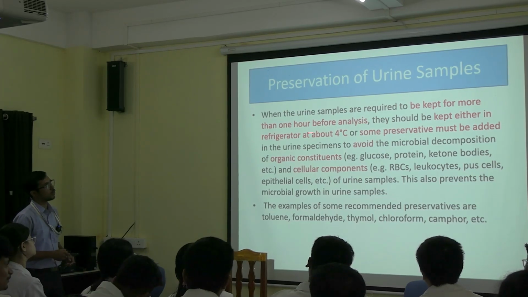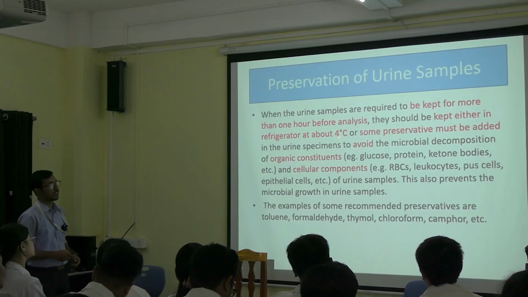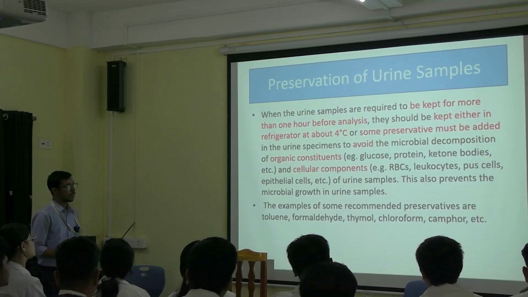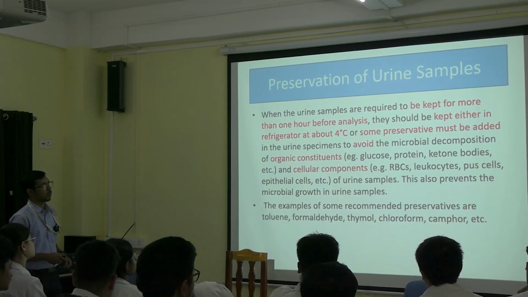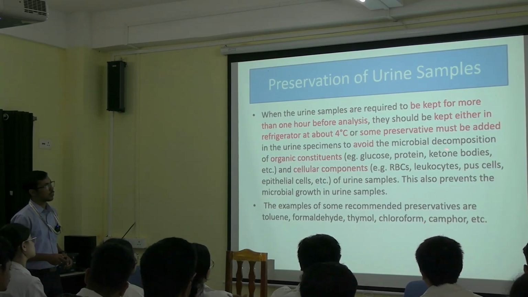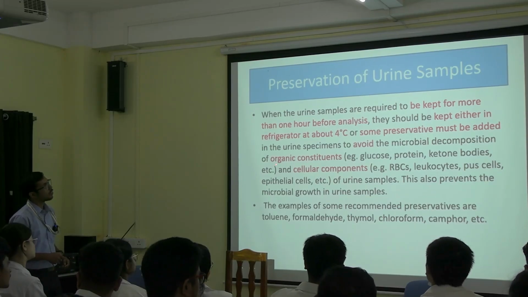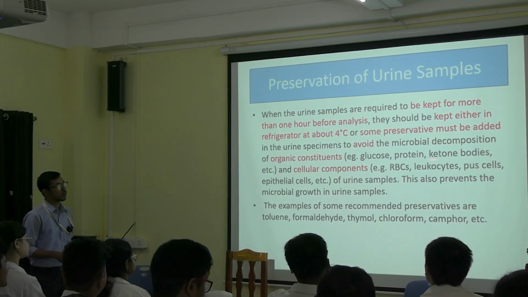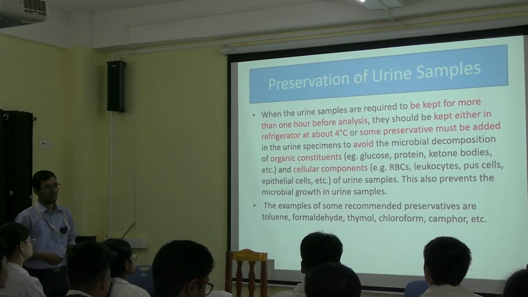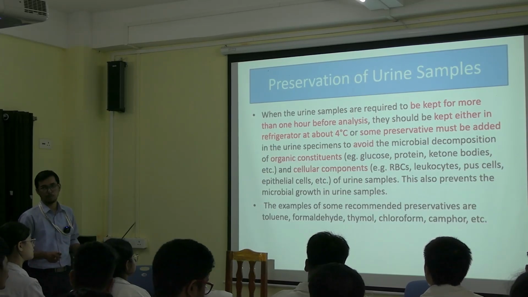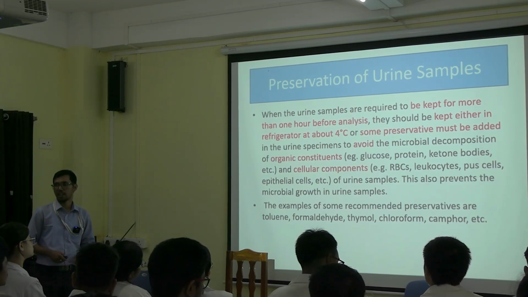So the protocol is, if you need more than 1 hour for analysis, then it should be refrigerated at 4 degrees centigrade, or some preservative must be added to the urine sample to avoid microbial decomposition of organic constituents and cellular components. If there are organic constituents like glucose, protein, ketone bodies in your urine, and it is kept for more than 1 hour, then bacteria will decompose these things, so you won't get a correct estimation.